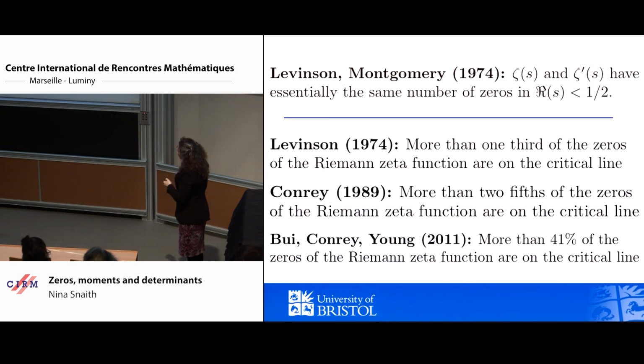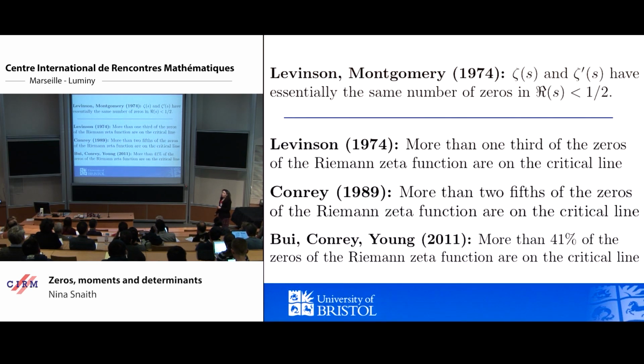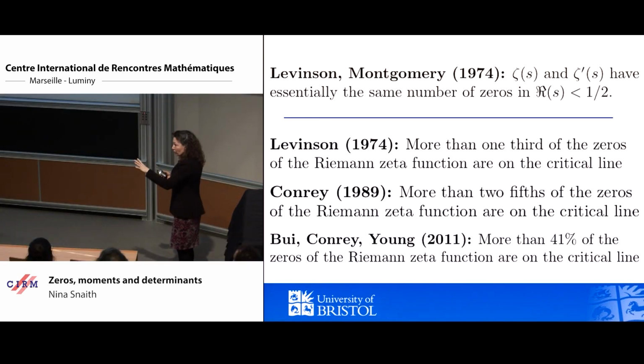And this has allowed number theorists to go a certain way towards proving the Riemann hypothesis. So Levinson in 1974 showed that there were less than a third of the zeros of the derivative to the left of the half line, which means that there's less than a third of the zeros of zeta to the left of the half line, from the top statement.